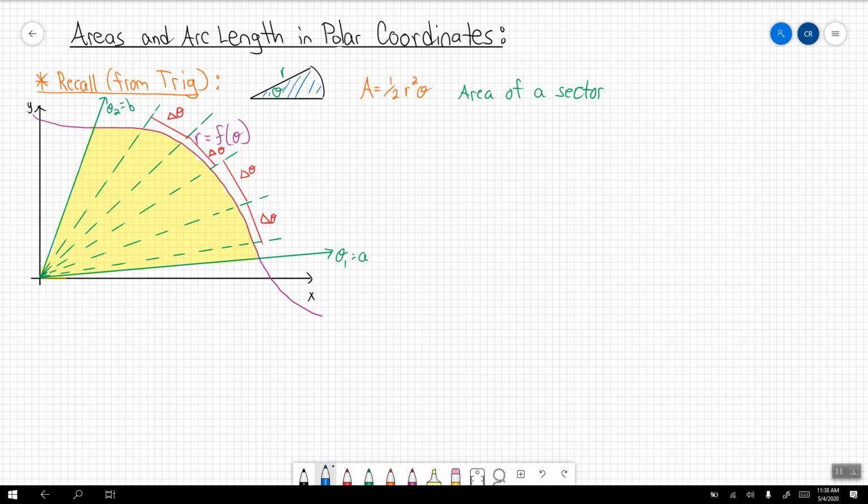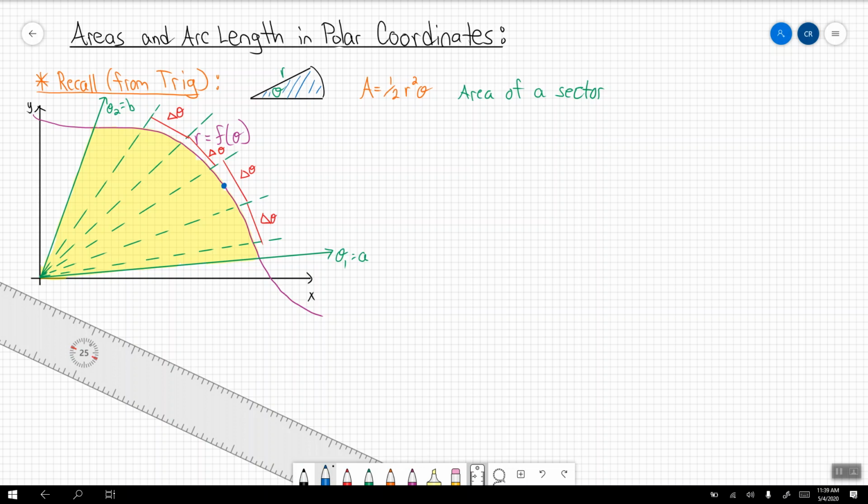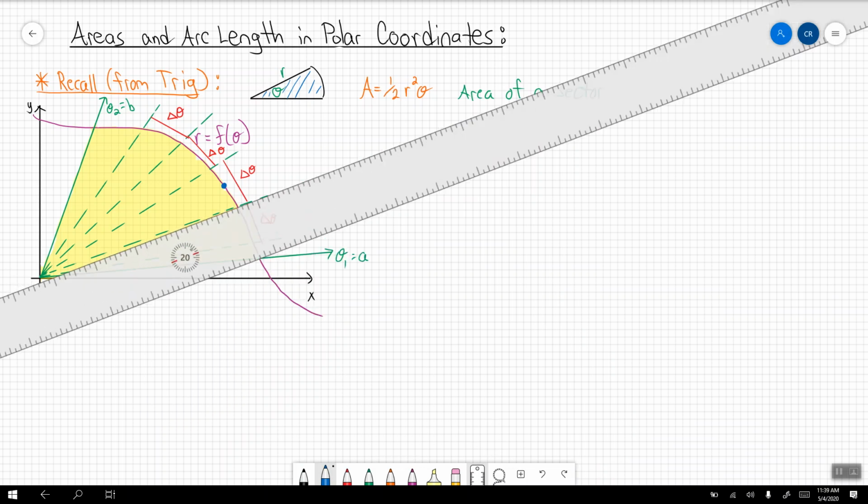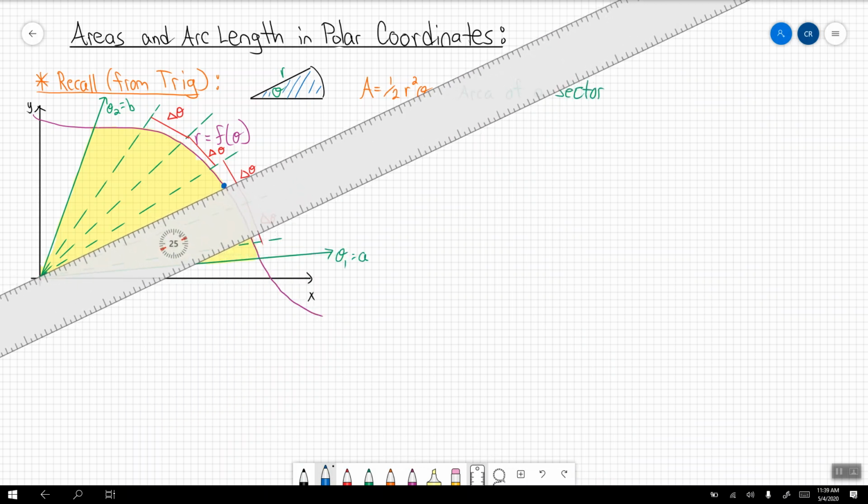So what I'm going to do here really quick is pick some random point here, and again, maybe not so random, but we'll go ahead and portray it that way.